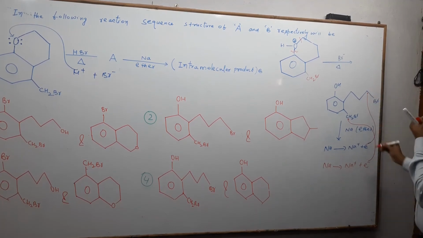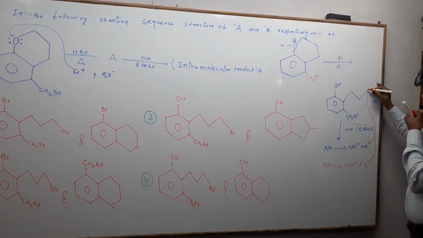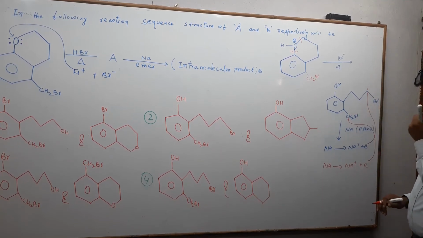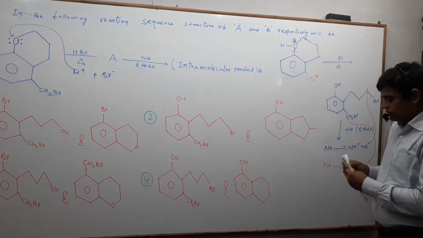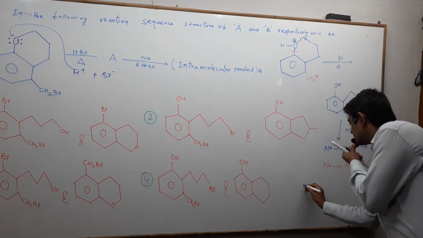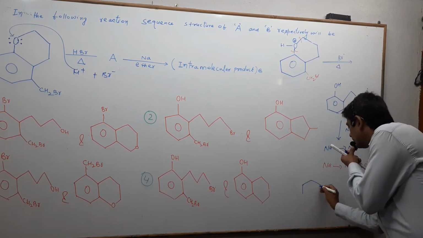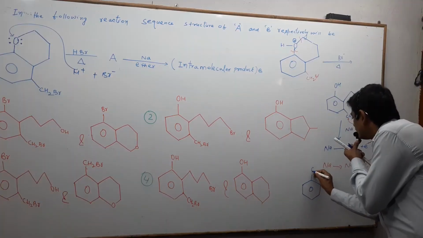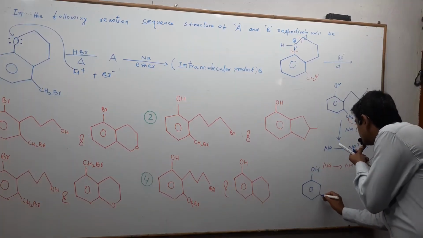After the attack, a free radical forms at this position, and this position also provides a radical. So it will form a structure like this.